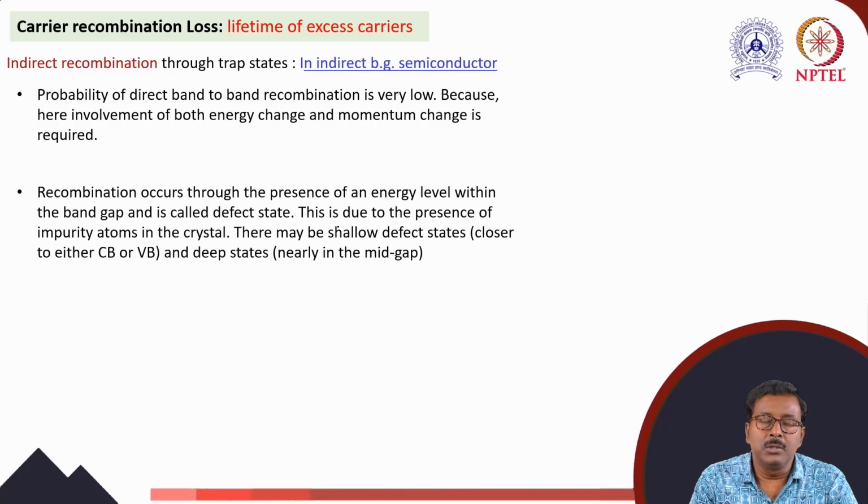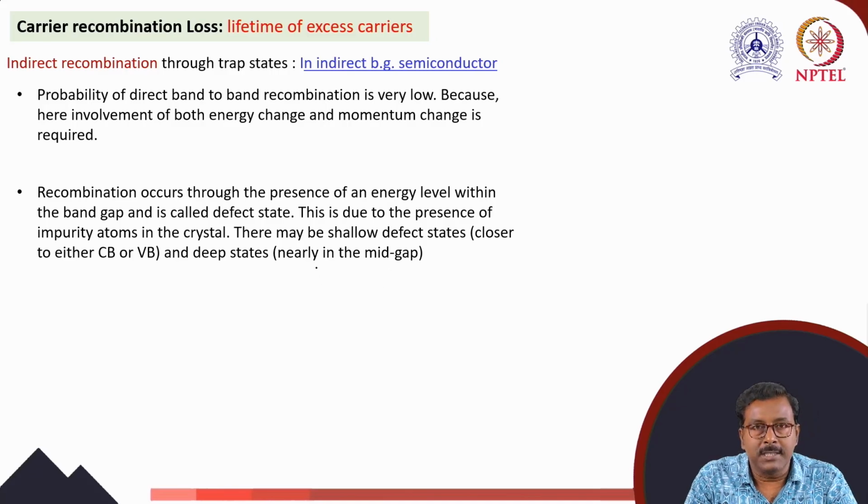So due to these reasons, there may be some defect states or trap states in the energy gap in an indirect bandgap semiconductor. And carrier recombination takes place through these defect states. That's why it is called trap assisted or defect state assisted recombination.